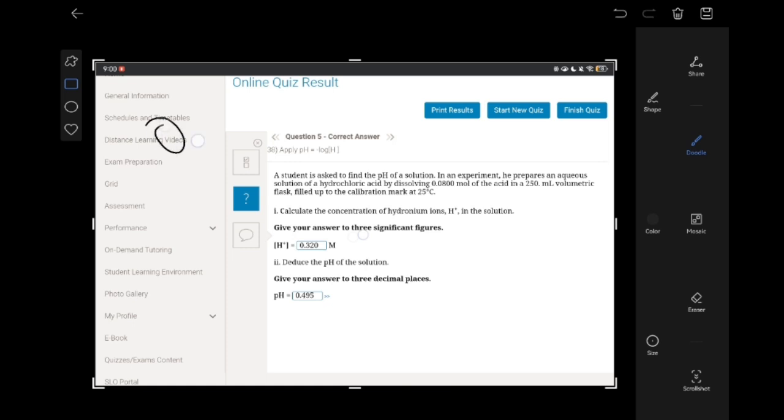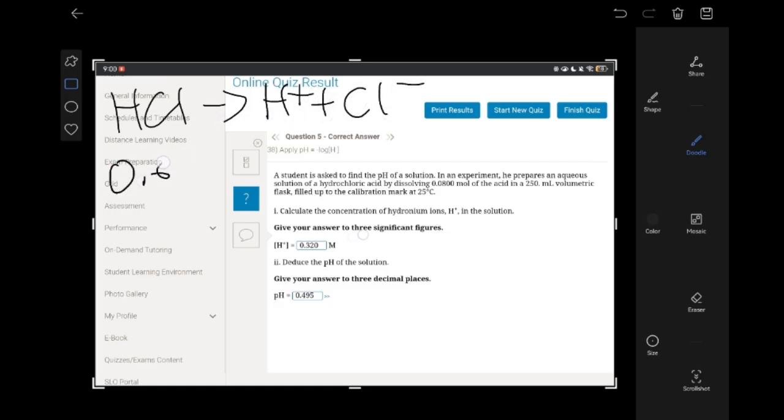You have 0.08 moles of it. I'm going to write the full equation. HCl dissolves and gives you H plus and Cl minus. You have 0.08 moles of HCl right now. They want the concentration of H plus.